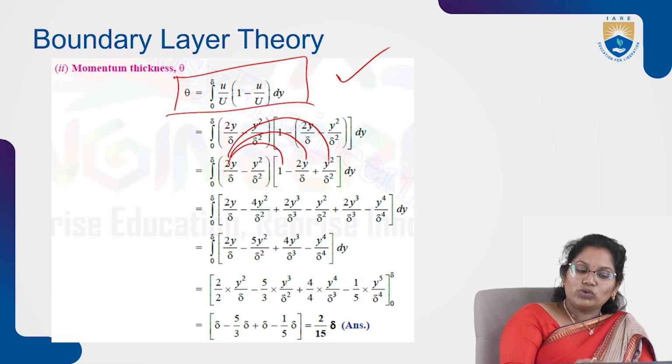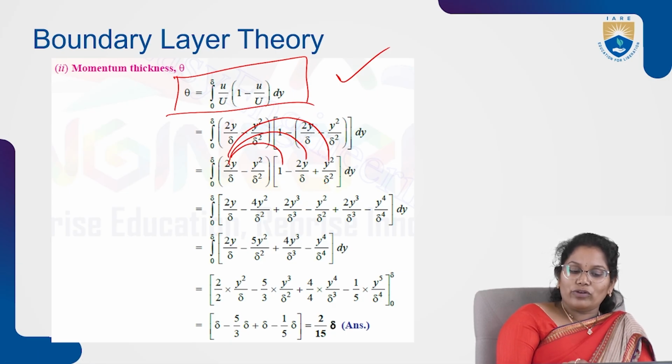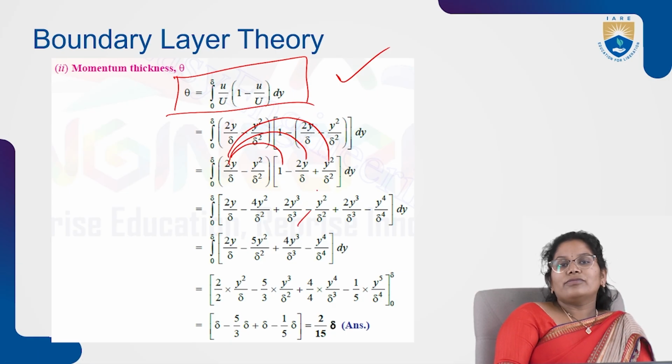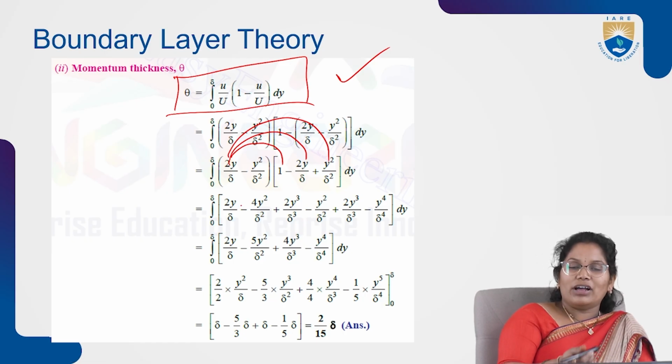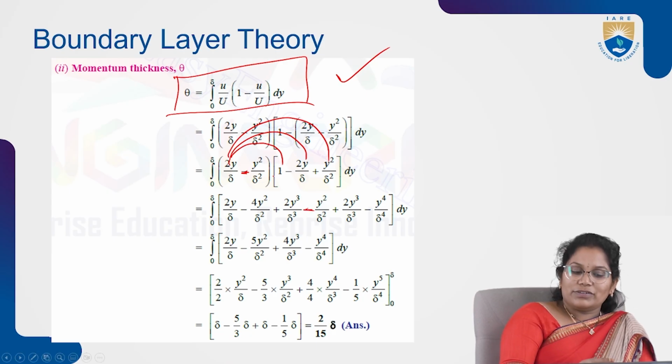Now the third term is 2y by delta into y square by delta square, so 2 into y cube by delta cube. Minus into minus becomes plus.